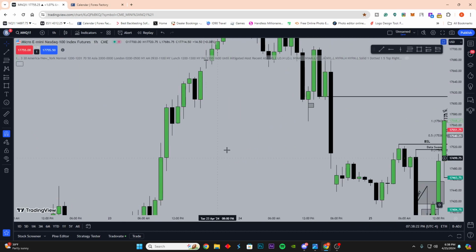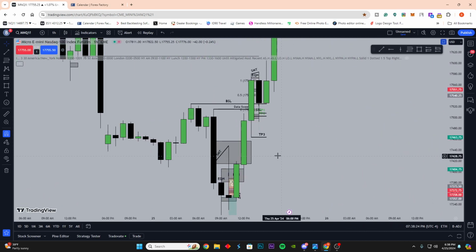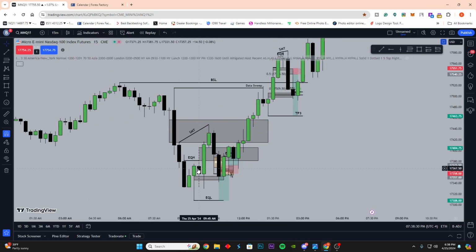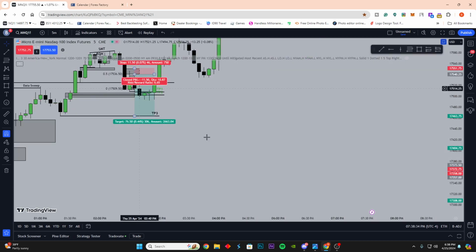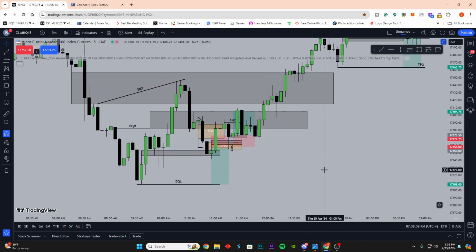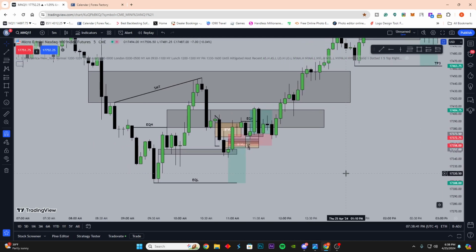So we came into, is this 9 a.m.? Yeah. So we came into this 15-minute fair value gap. I saw us come up in here, and then going to a 5 minute, what looked to me like a buildup of an AMD model.